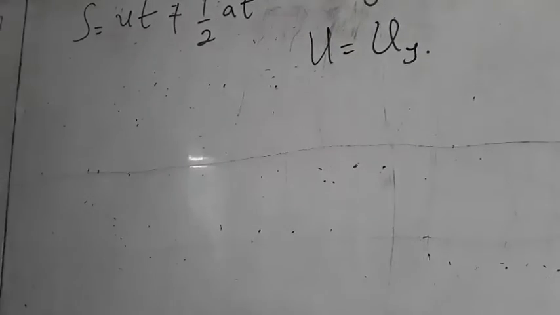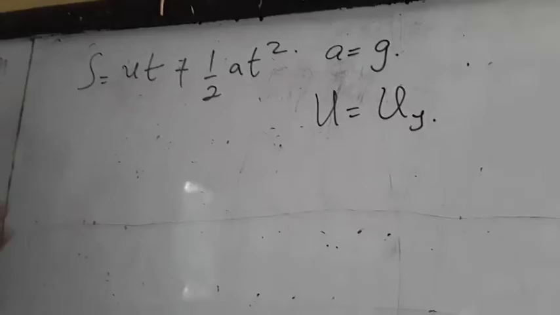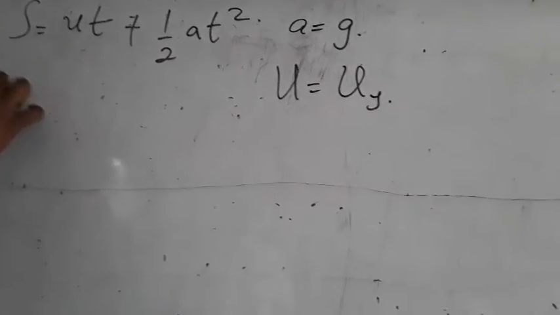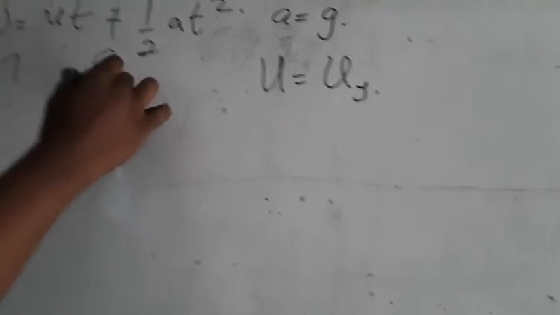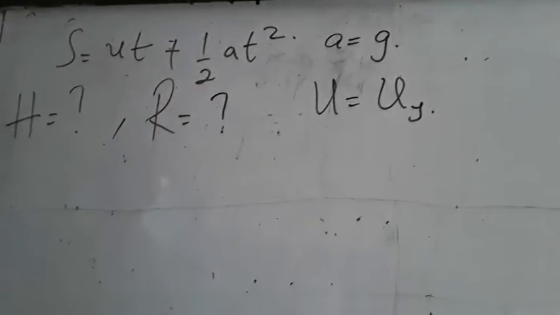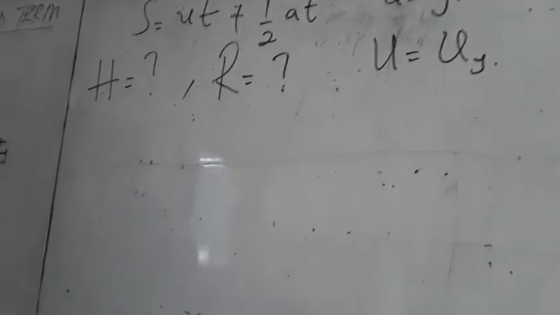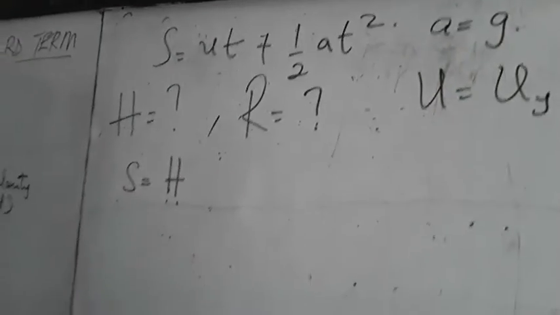Now, we are going to be considering two aspects. We want to look at the height and the range. So, from here, let us see how the height works. Your S here changes to height.